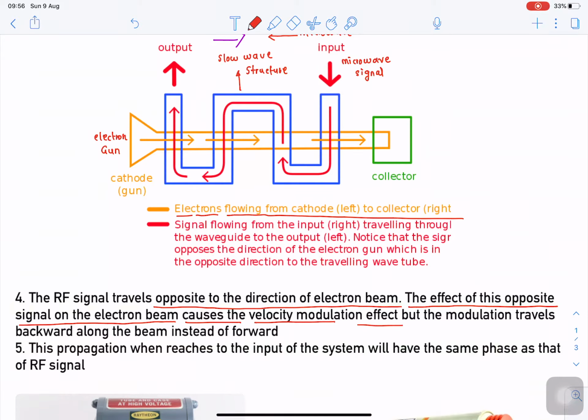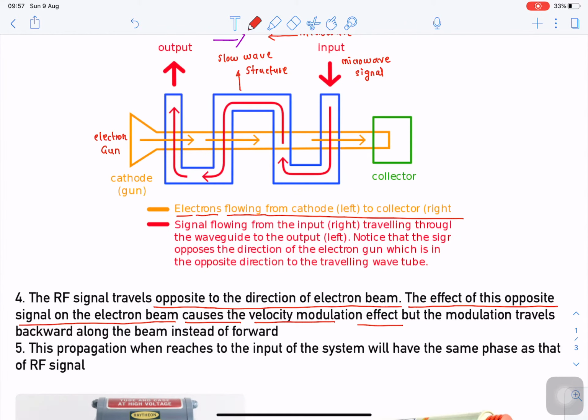The microwave signal which we introduce momentarily at the beginning causes velocity modulation of the electron flow, but the modulation travels backward along the beam instead of in the forward direction.